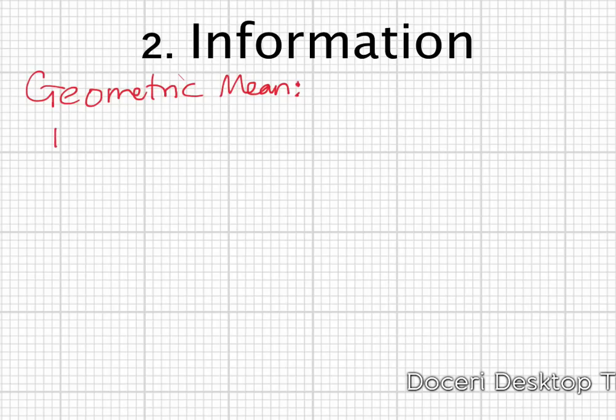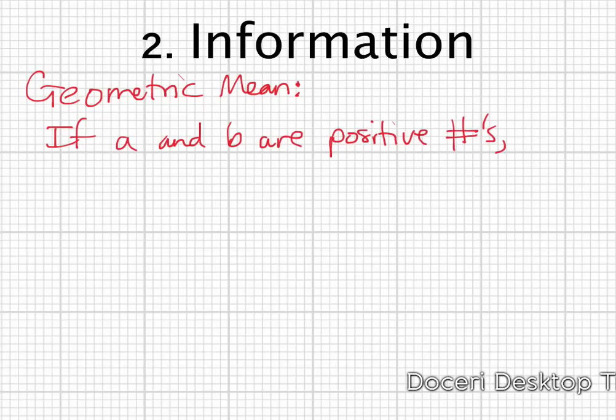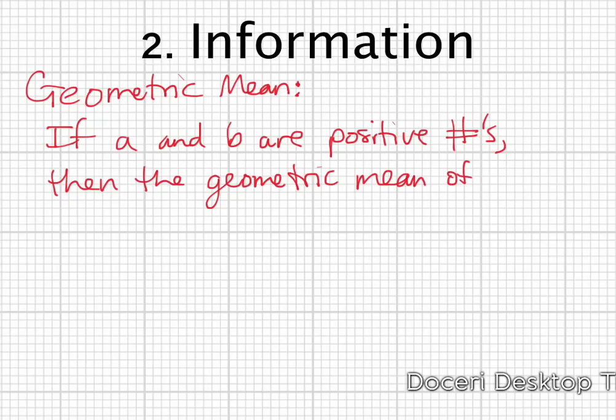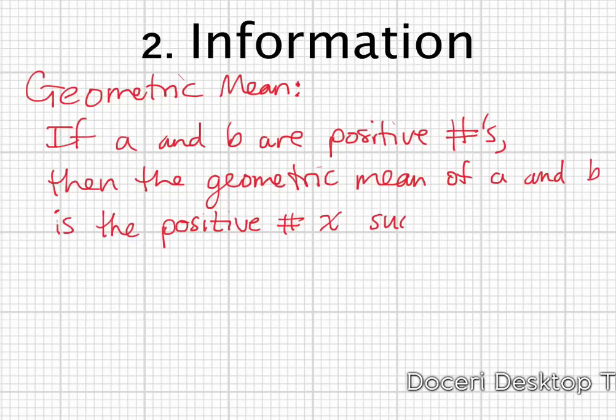So if A and B are positive numbers, then the geometric mean of A and B is the positive number x such that A over x equals x over B. Oops, I put D.